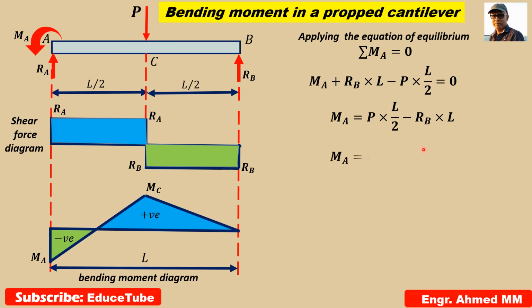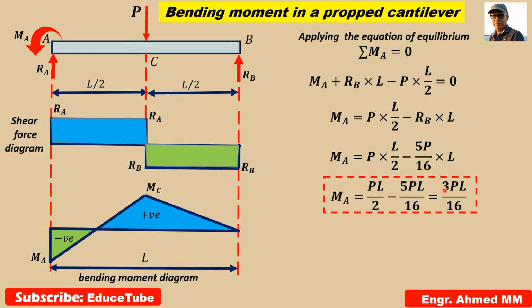So MA equal to this. Now the only thing we have to do is replace RB. Already we calculated before what RB is. RB means 5P by 16. So easily we can calculate MA equal to 3PL by 16. This is the value here.